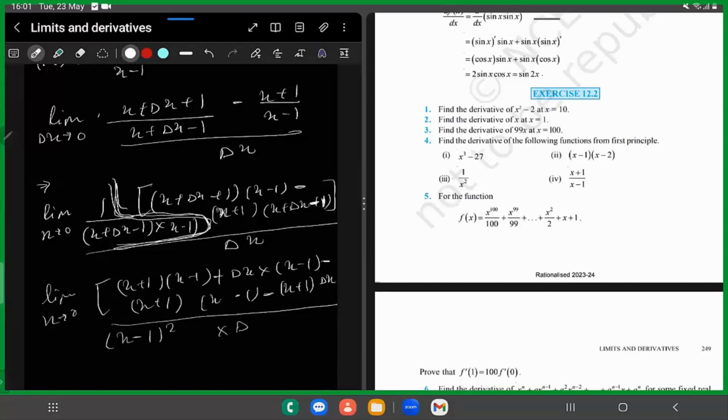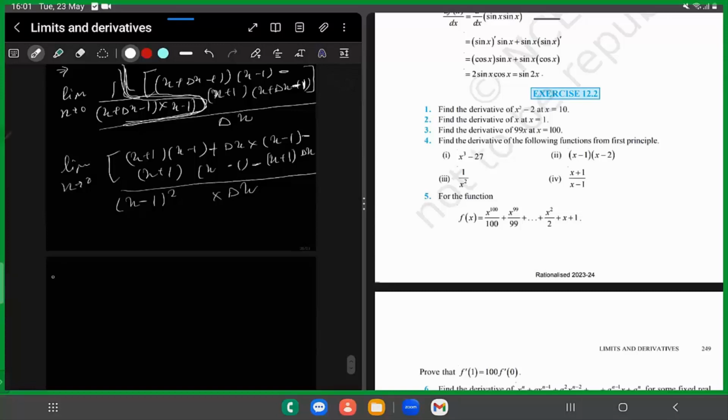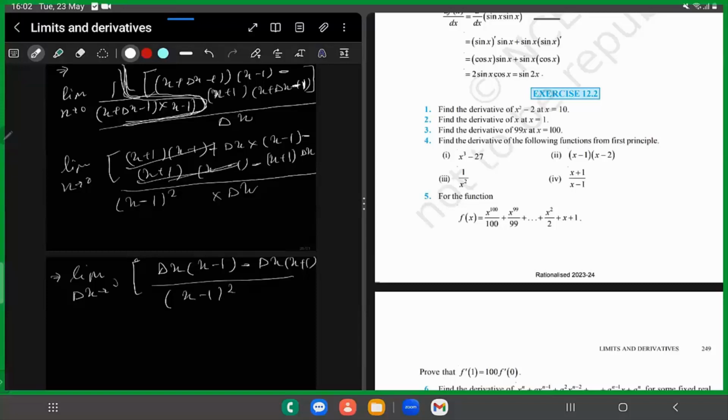So this will give us (x minus 1) whole square into delta x. If we solve this expression, this gives us limit delta x tending to 0, and these terms get cancelled. We are left with only delta x times (x minus 1) minus delta x times (x plus 1) upon (x minus 1) whole square into delta x.